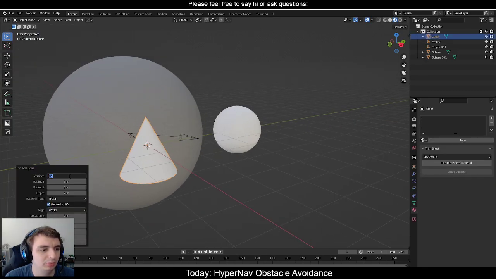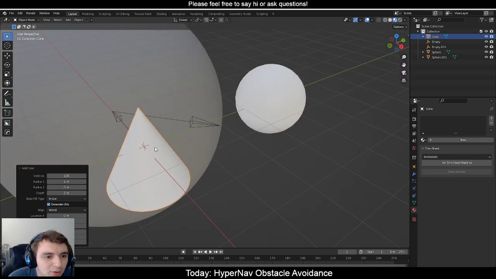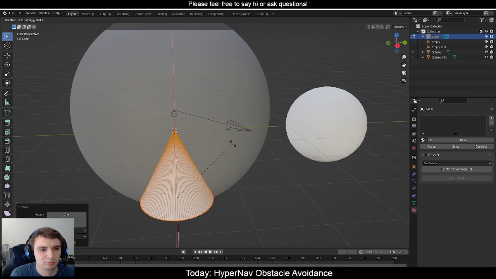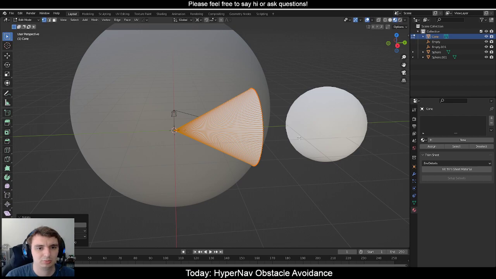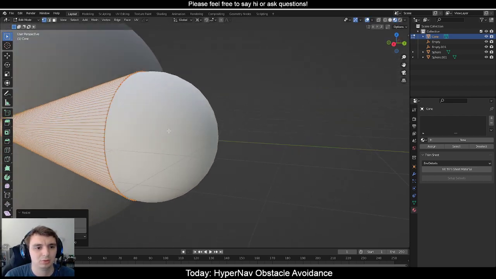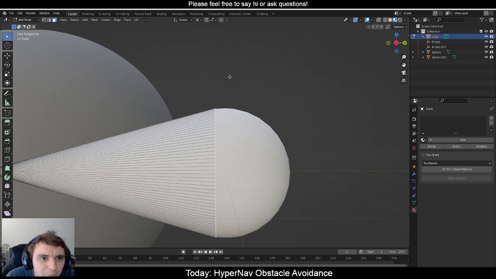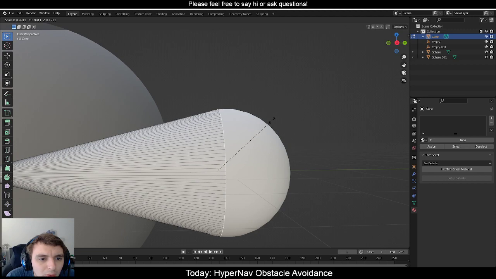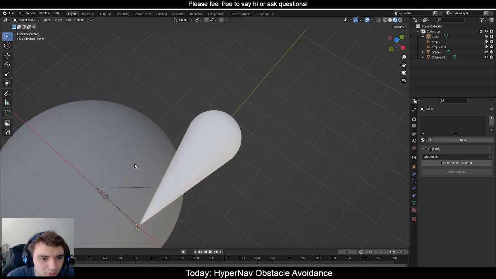Okay, now vertices we will do 128. Okay.